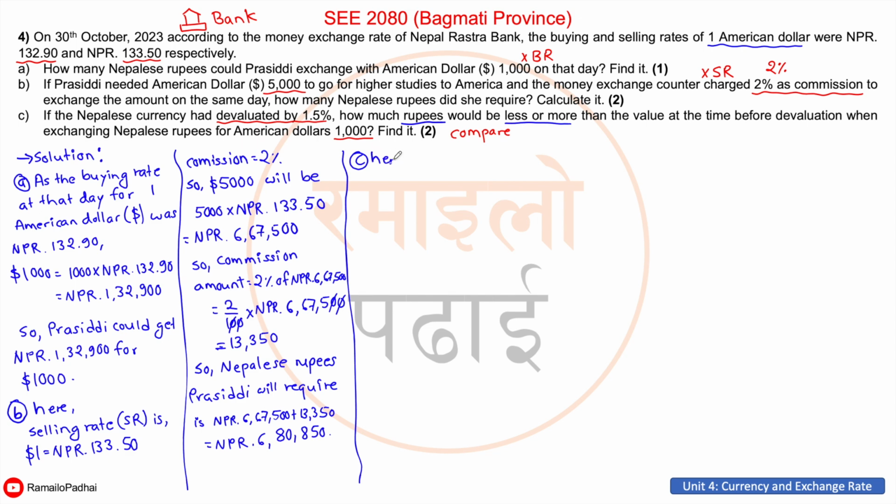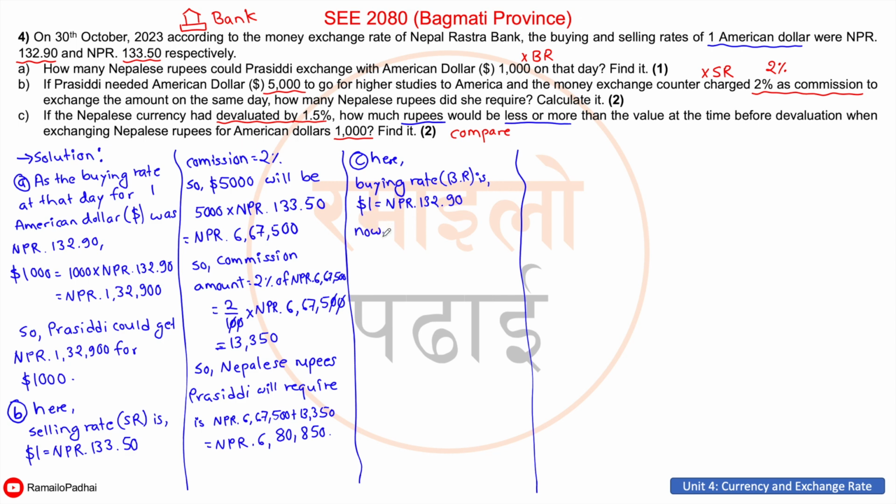Here the buying rate, that is BR, is 1 US dollar equal to NPR 132.90. This will be before the devaluation.